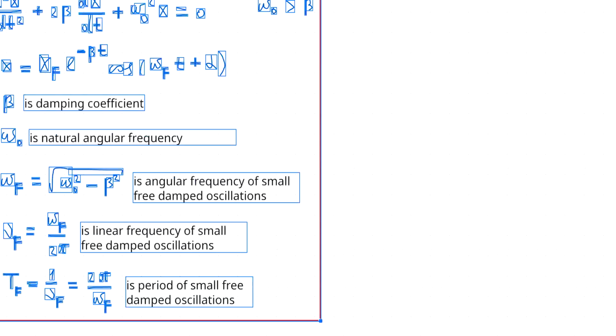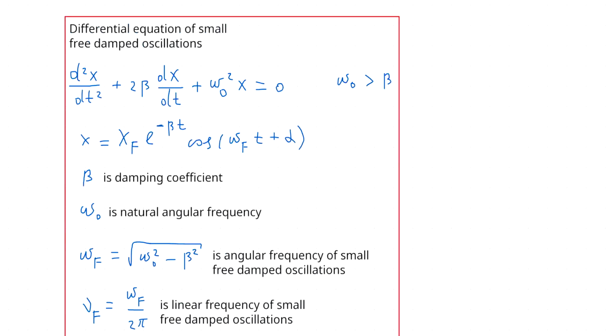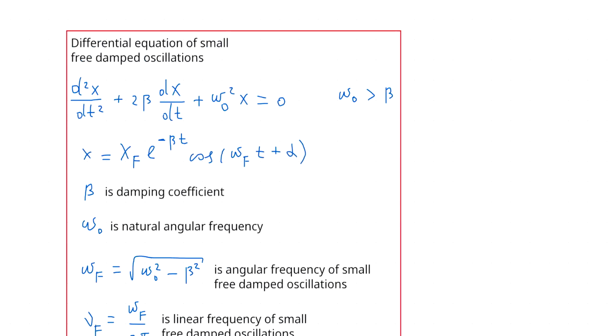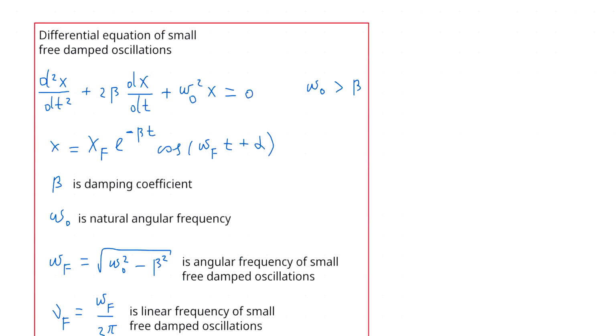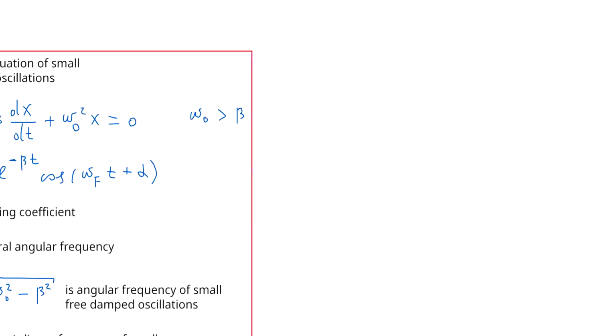Okay, so what else can we say about free damped oscillations? Sometimes you can see on the internet values that are called logarithmic decrement and amplitude.